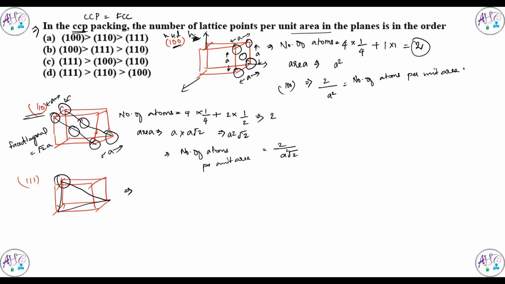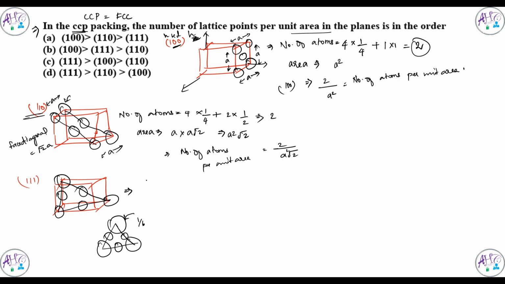So the atoms are going to be present at the corners and then on the face diagonal. If you see, this is exactly like a triangle and the atoms are shared like this. So all the corner atoms are sharing 1/6. Here the corner atom is not exactly at the edge, it is actually sharing only 1/6.